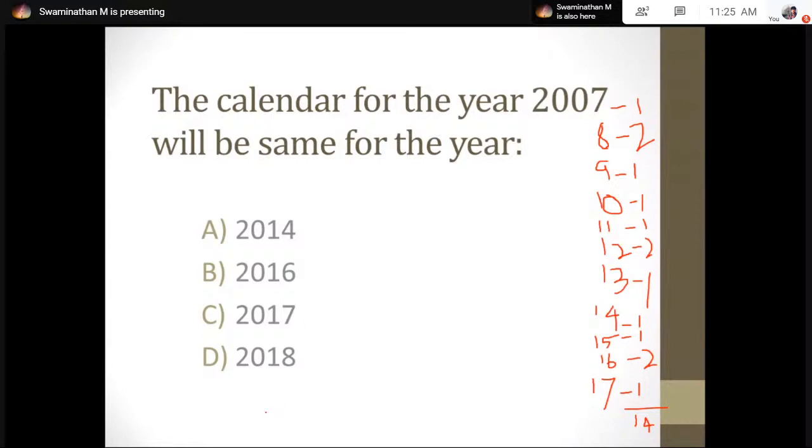Sorry, 14, not 2017. If it is 0 odd days on 2017, then 2018 will repeat, not 2017. That is also wrong. Now is this question clear?